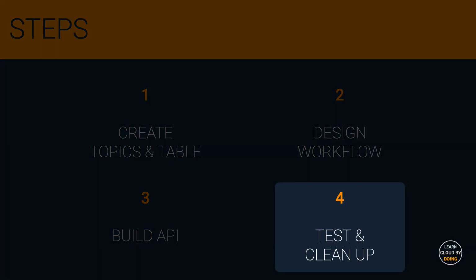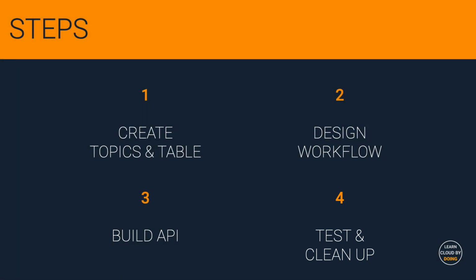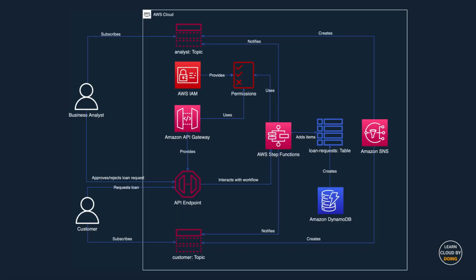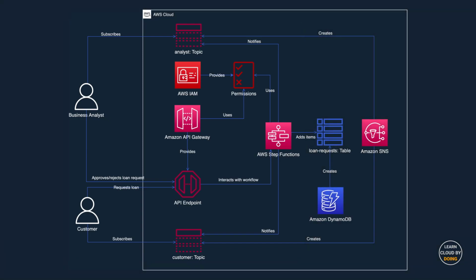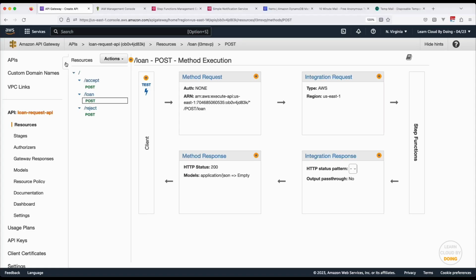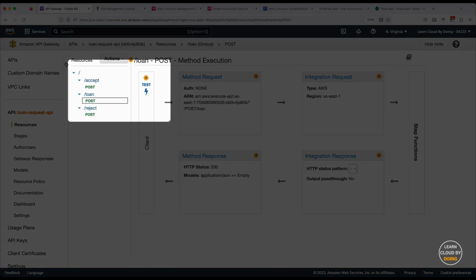Last step: test and clean up. In this step, we use the API Gateway console to perform both a business analyst and a customer role, testing the whole integration among services. First off, create a new workflow execution requesting a loan with automatic approval.